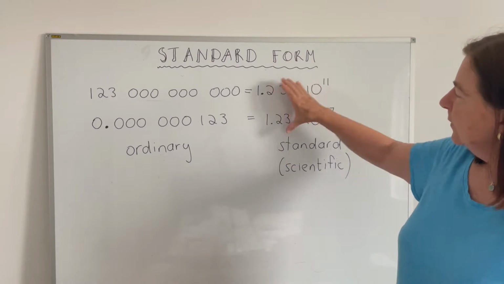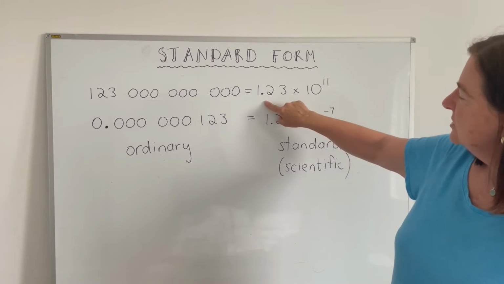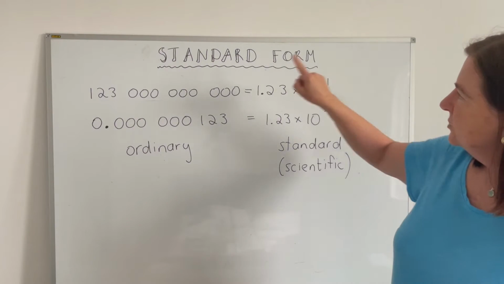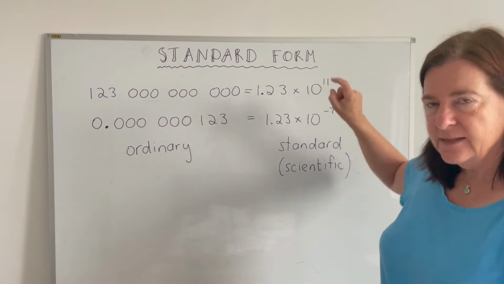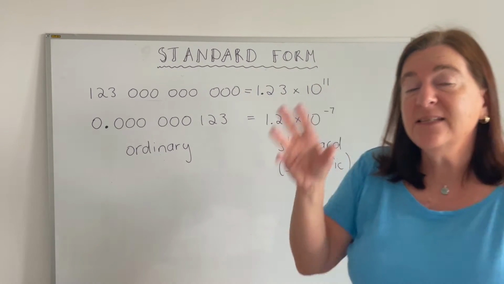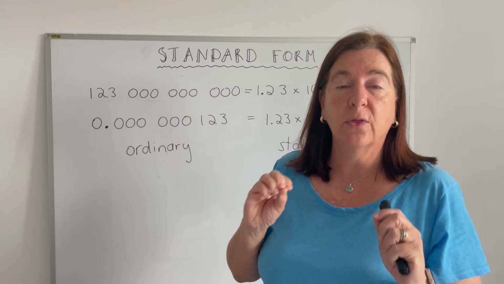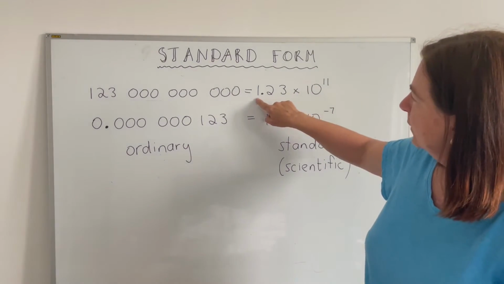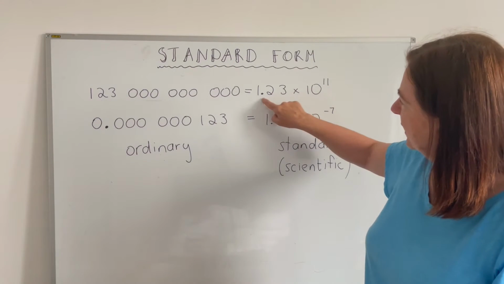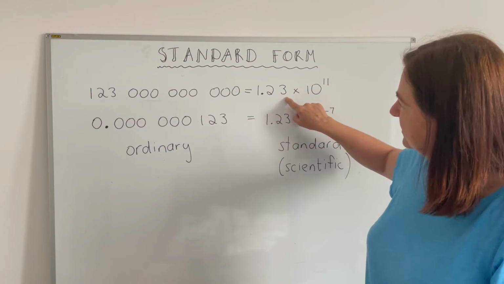So once we've established that, now let's change this standard form to an ordinary form. Essentially that index of 11 tells us how many places or spaces we need to move the comma. And remember, it becomes bigger if it's positive. So if this is 1.23, we've got to move the comma, the decimal, 11 spaces.